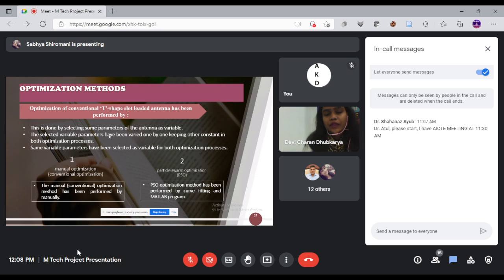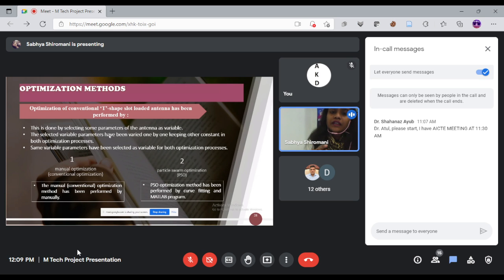It is a single layer, so how can it be overloaded? It is a single antenna with a single dielectric, so how can it be slot loaded? Sir, I have loaded another slot over there. The T-shape slot, as I have shown you in another PPT, each and every step was there. So what I was doing is loading the slot. I can show you on the IE3D as well.